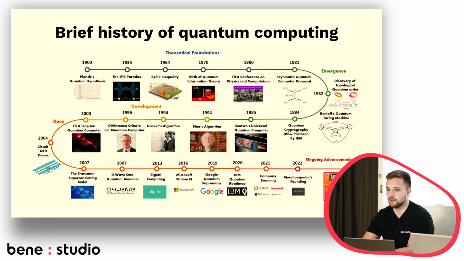35 years later, Albert Einstein, Boris Podolsky, and Nathan Rosen published a paper introducing a paradox. This is called the EPR paradox, which questioned the completeness of quantum mechanics due to the phenomenon of entanglement.